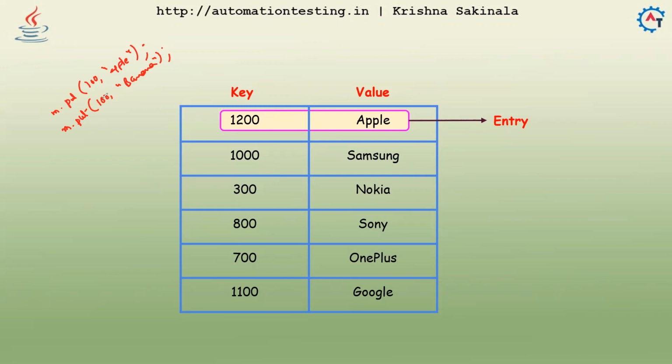It will search, find that 100 is already there, and replace the value with banana. So at the end you'll have only one entry, overwritten by this one. Apple will be replaced with banana, and it will return the old value, which is apple, but it will not give you any error. That's how it works. Let me clear this.